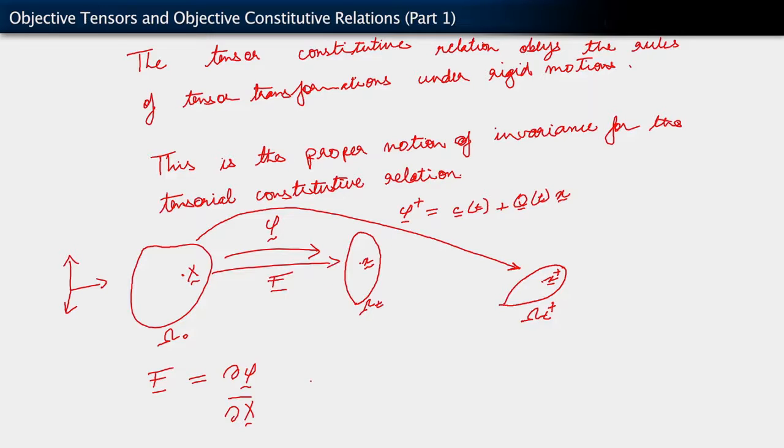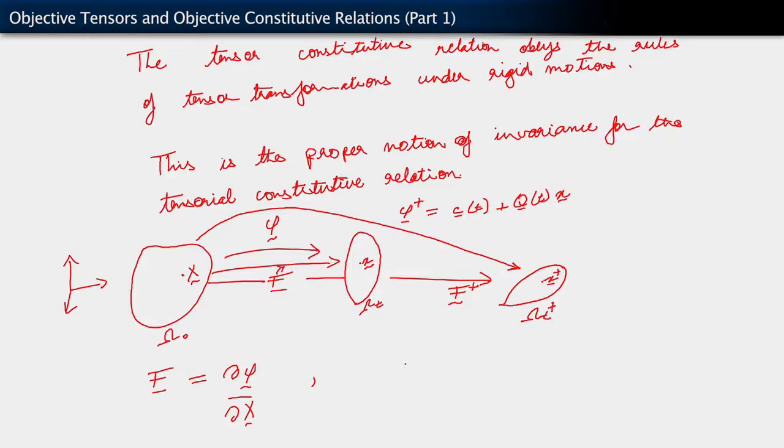So what about the rest of it? I'm going to have to break up this tangent map. F is this guy. What about that other tangent map?